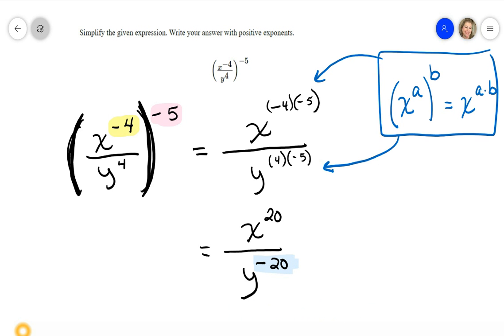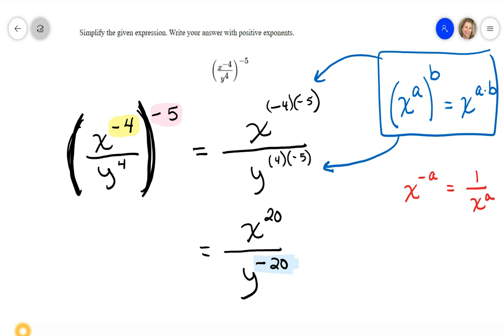Now, in order to make that positive, I am going to use a rule that says, okay, if you have x to the -a, that is the same thing as 1 over x to the +a.